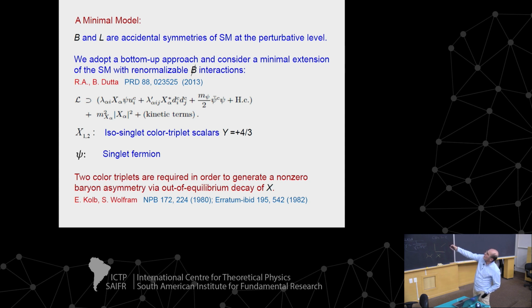Because of its hypercharge, X couples to 2 right-handed down-type quarks. And then we can also add another gauge-invariant term with the singlet fermion, so X also couples to right-handed up-type quarks and the singlet fermion.